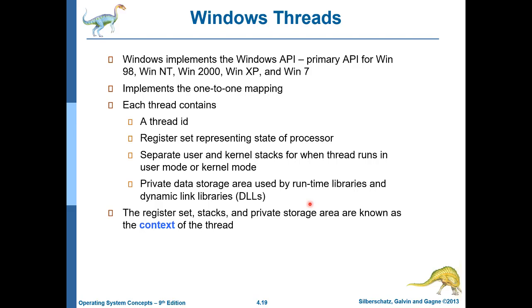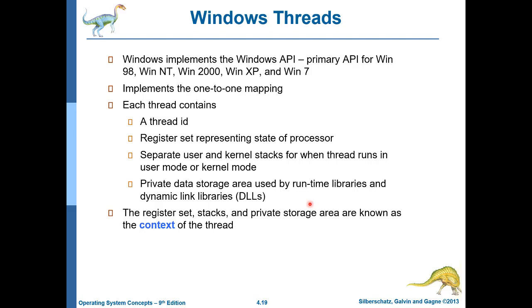Now in Windows, we have the Windows API, which works up to Windows 7. Then we have Windows 8 and 10. They have slightly different things. They have a different architecture. The programming model has changed. There are new things, so it might not be the same as Windows before.